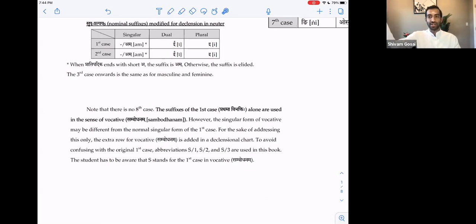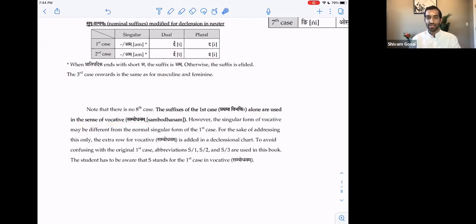When you're calling out to someone. And so to differentiate that, they make that an eighth case. But really, the suffixes of the first case, Prathama Vibhakti, alone are used in the Sambodhana.